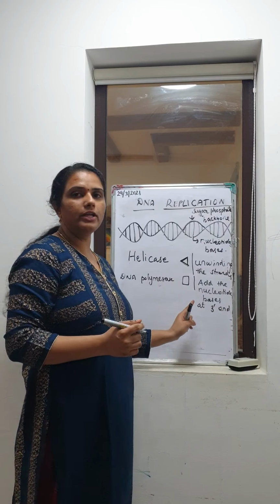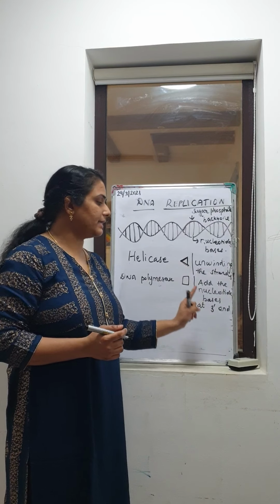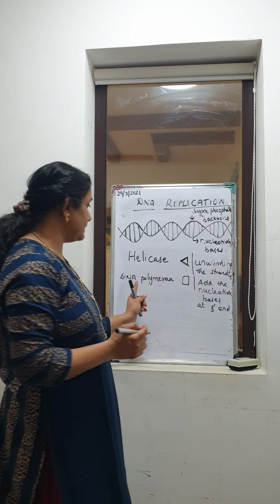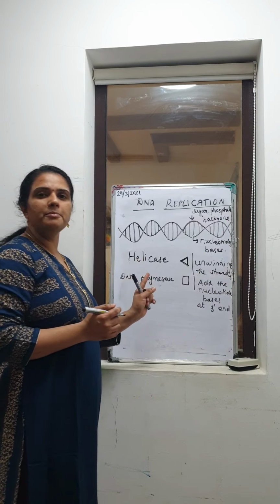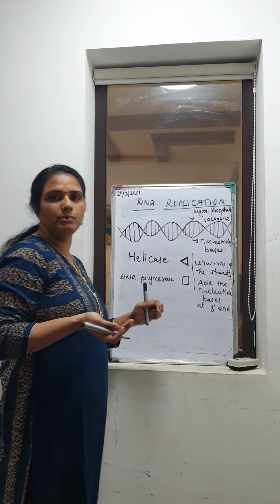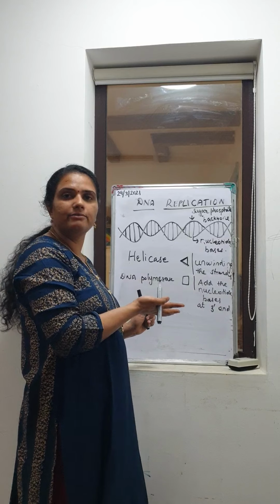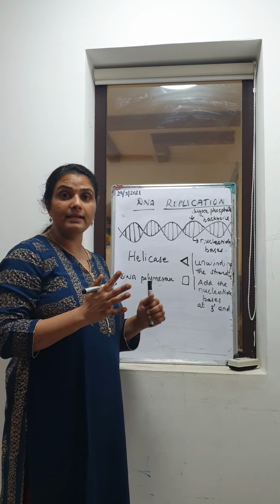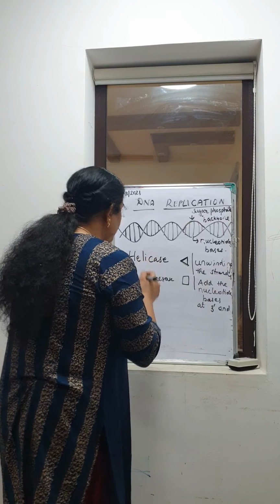It cannot identify the 5' end. It can only identify the 3' end. Another important thing about this DNA polymerase is that it cannot work by itself. It does not have any individuality. It wants some guidance.